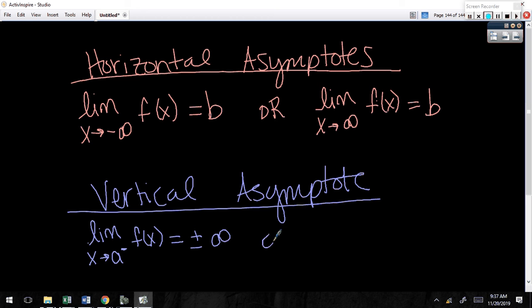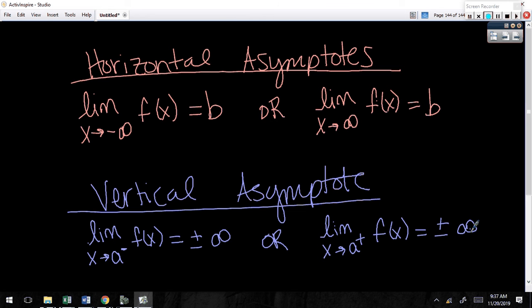Or, and it doesn't have to be from both sides, it just has to be from one side when that happens, because you can have an asymptote that just restricts a piece of the graph. So, or the limit as x approaches a from the right side is an infinity, then it tells me there exists a vertical asymptote there, okay?